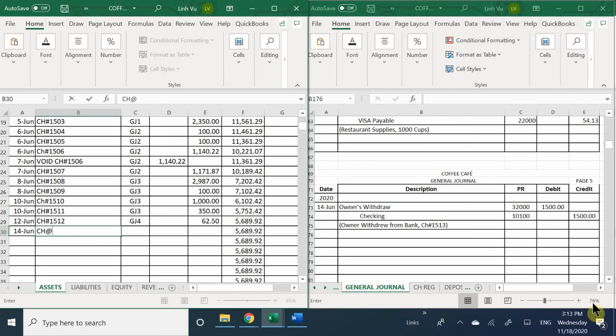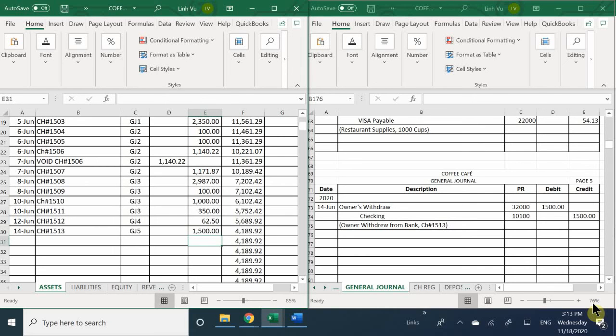Check number 1513, General Journal number 5, and we're going to credit the account for 1500, bringing my account balance to now $4,189.92. Good thing that we didn't overdraft the bank. Bob went into the bank and pulled out the money, so he had enough money.